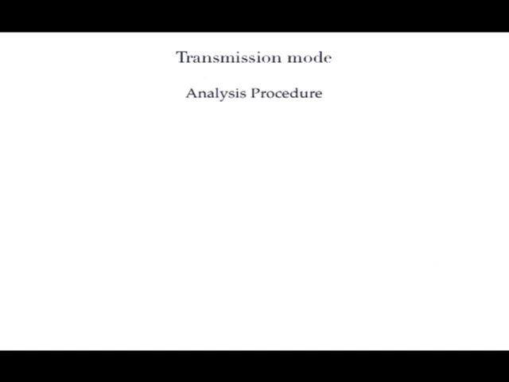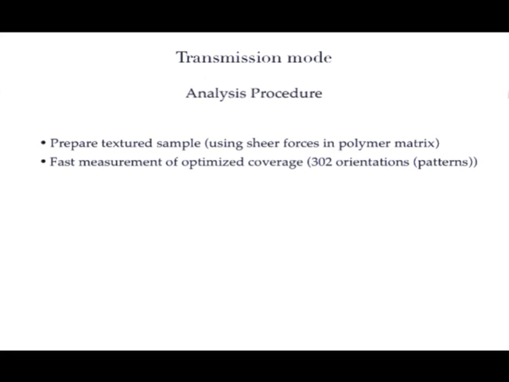What is the analysis procedure? First you have, of course, to prepare your sample using shear forces, with different spelled. You can then do a fast measurement with optimized coverage.